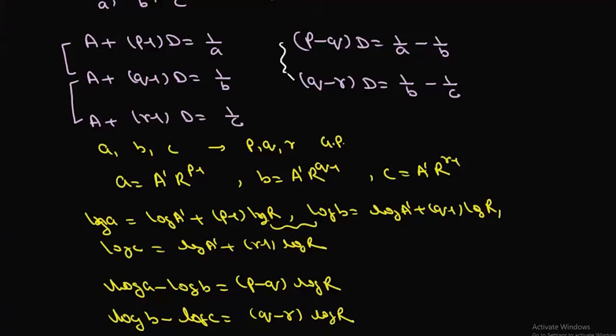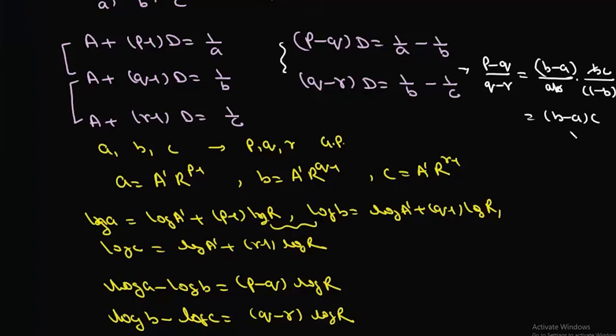If we divide these two, we can write (p minus q) upon (q minus r) will be equal to (b minus a) upon ab into (c minus b) upon bc, which is b(b minus a) upon ac(c minus b).